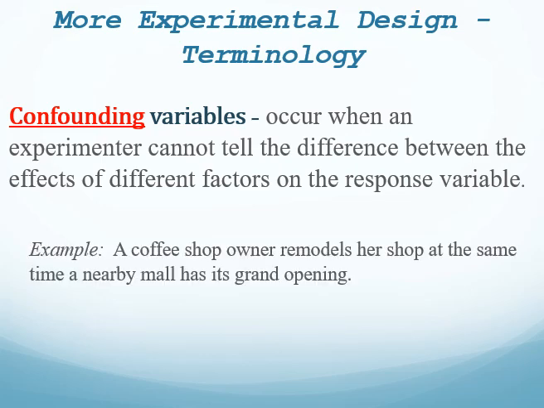All right, so here's an example. A coffee shop owner decides to remodel her shop. At the same time, a nearby mall has its grand opening. It's not a really great example of an experiment, but she does some treatment to her shop.